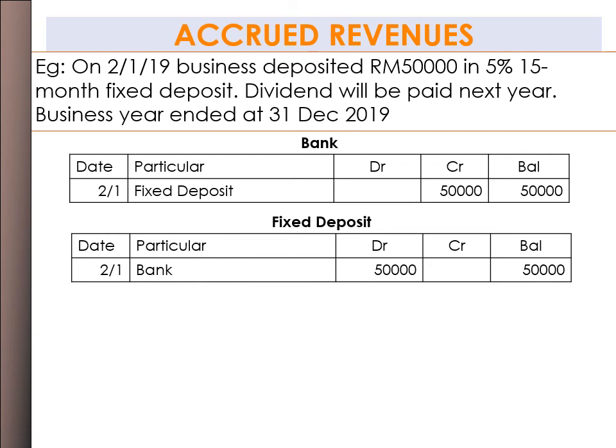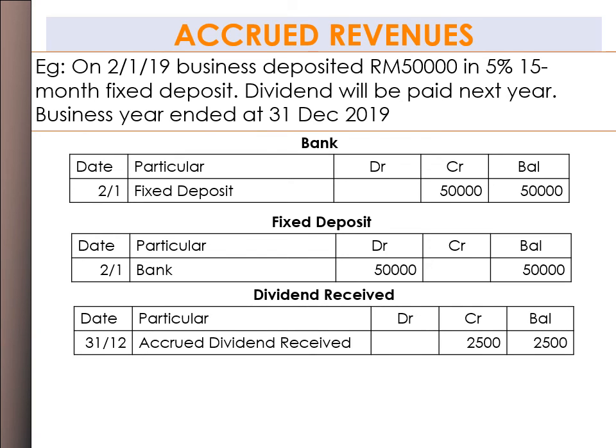So you have fixed deposit 50,000 in your ledger records. However, you need to recognize that it should be a dividend received at 31st December 2019. So you will credit dividend received with the particular of accrued dividend received.